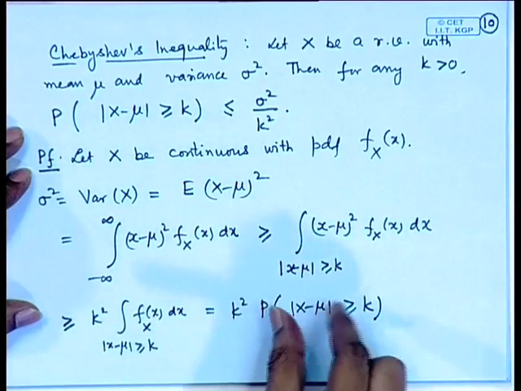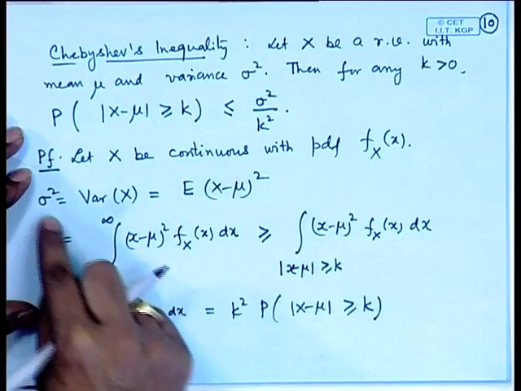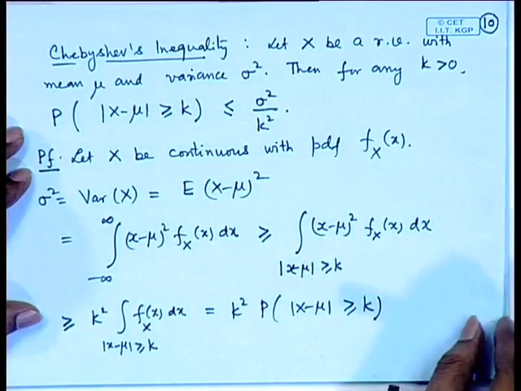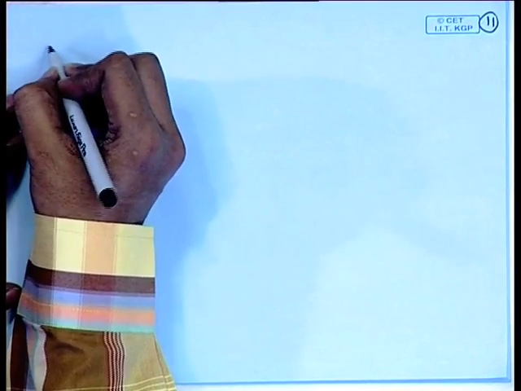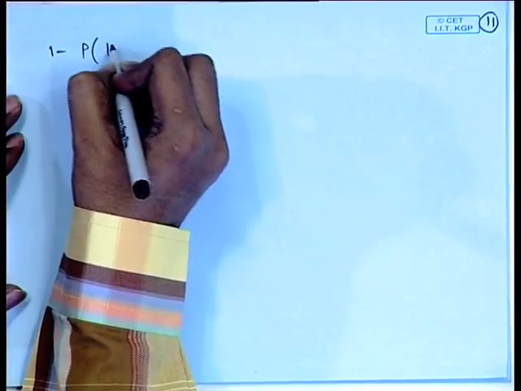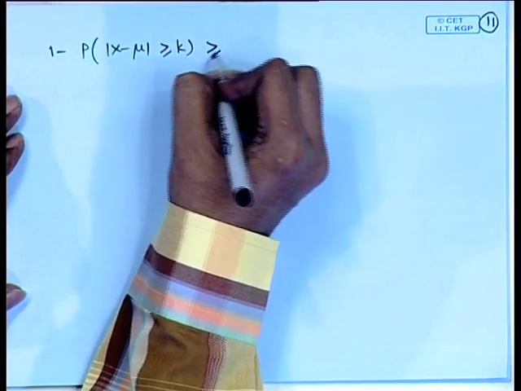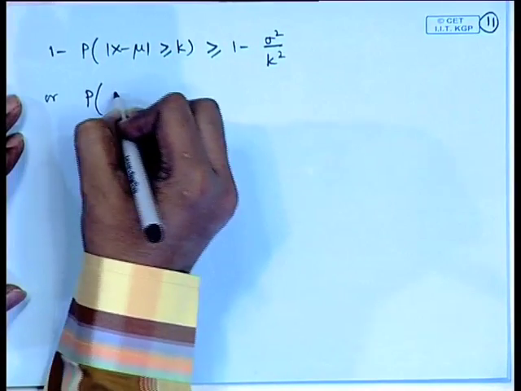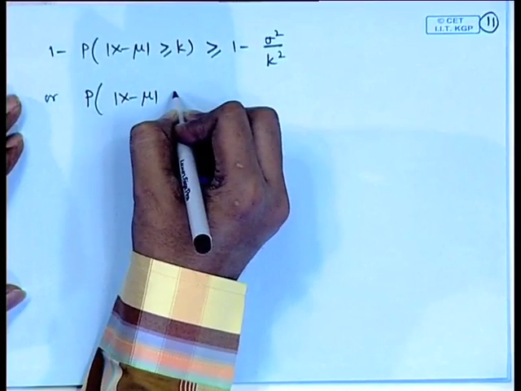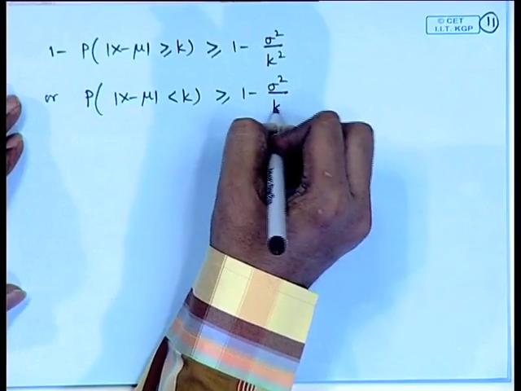As a consequence, probability of modulus x minus mu greater than or equal to k is less than or equal to sigma square by k square. You can write alternative forms of this inequality by taking the complementary event. So, you will have 1 minus probability of modulus x minus mu greater than or equal to k greater than or equal to 1 minus sigma square by k square, or probability of modulus x minus mu less than k is greater than or equal to 1 minus sigma square by k square.